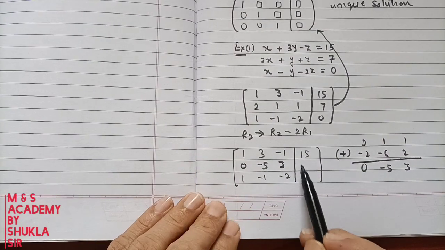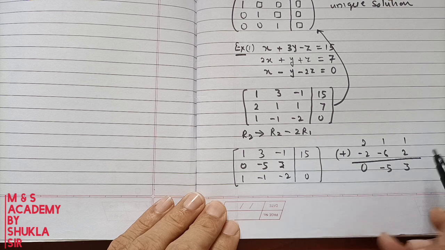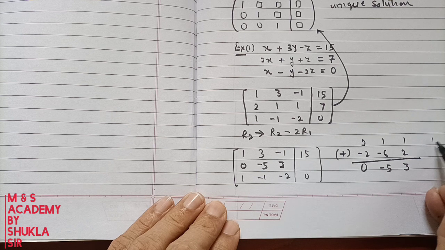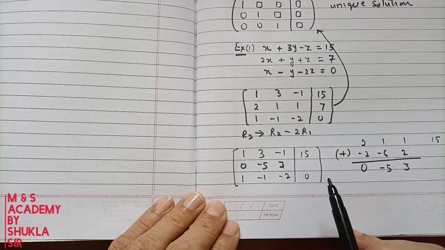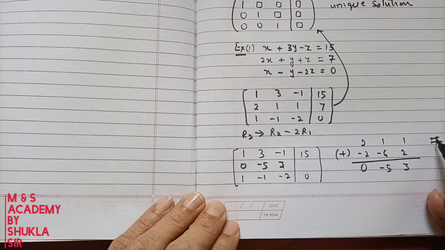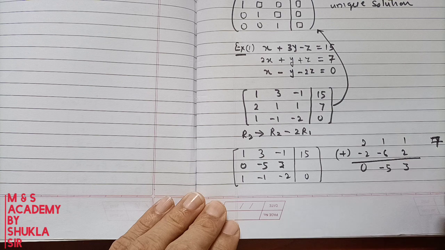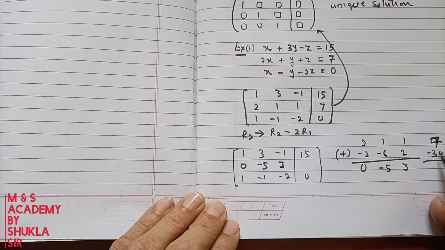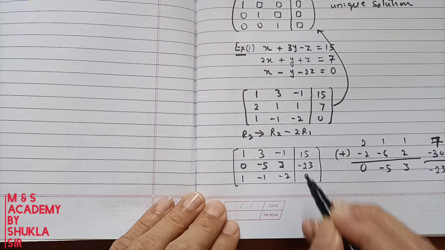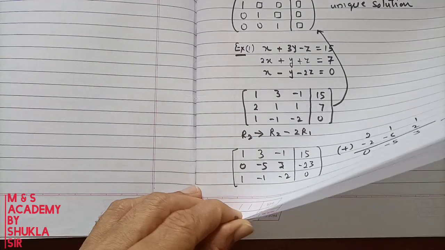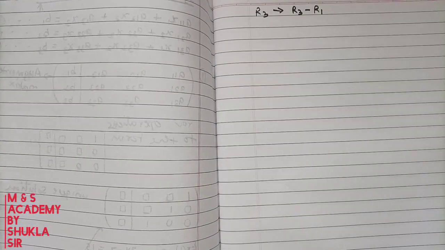Now here we forgot to write this element, so we need to perform that on the constant also. So this is 15, this is 7, and 15 into minus 2 is minus 30. So this total is minus 23, so we need this minus 23. And the elements which are not going to change we'll write first.